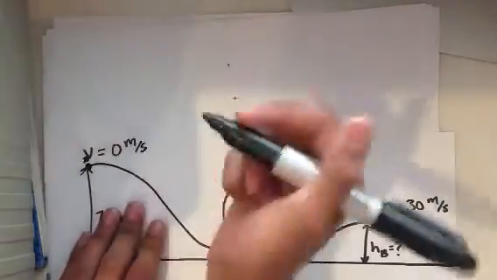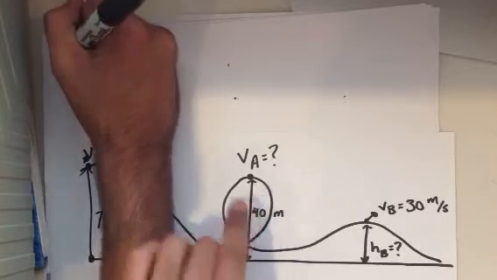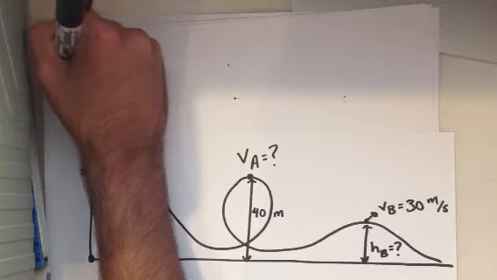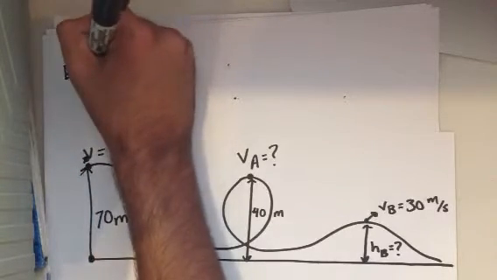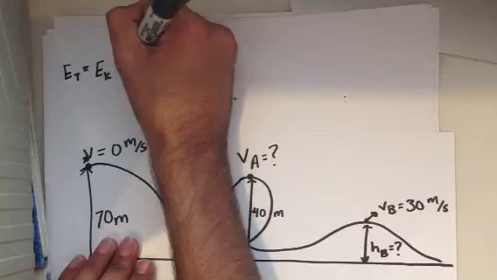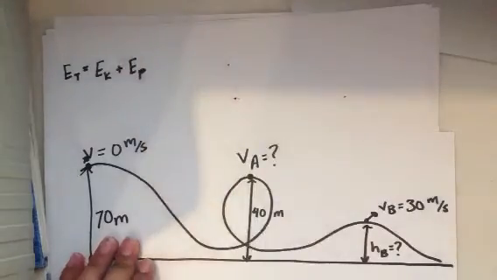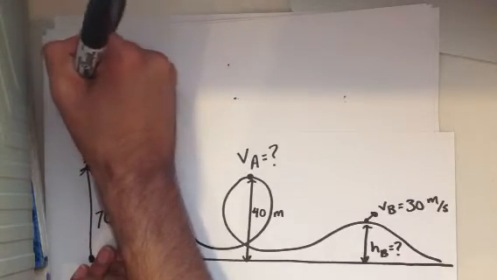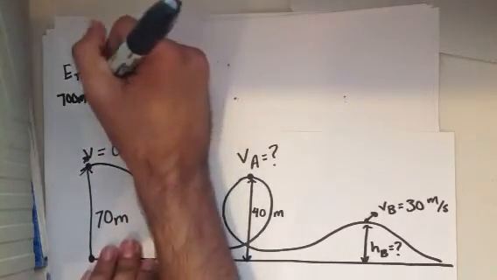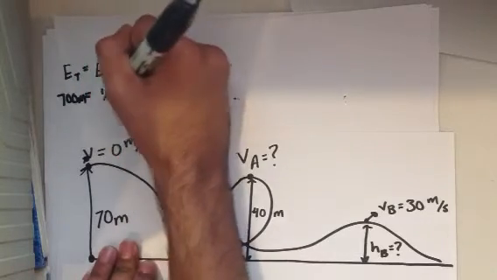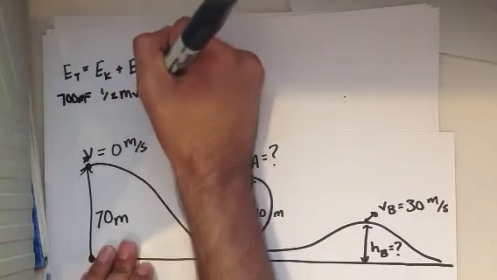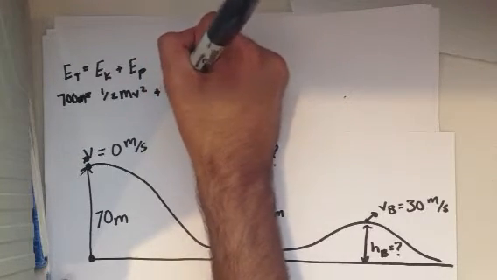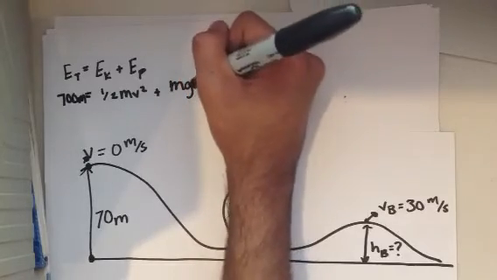We'll call this point A. At point A, E total equals E kinetic plus E potential, so 700 m equals 1/2 mv squared plus mgh.